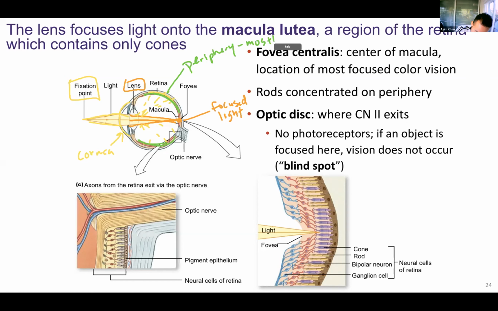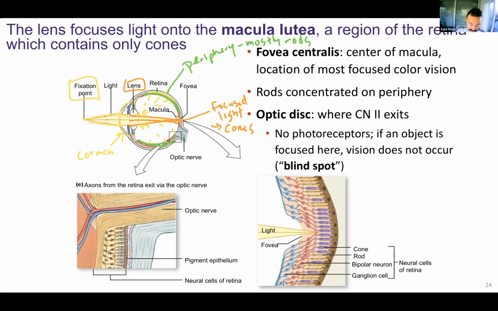Where you have mostly rods. But where you have your focused light, this is mostly cones, because cones are for high acuity.